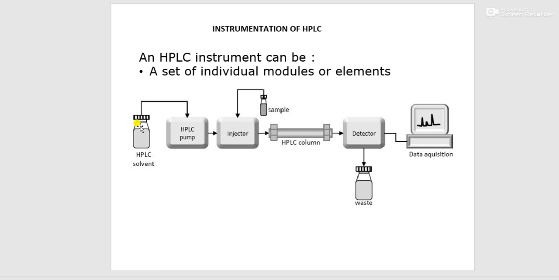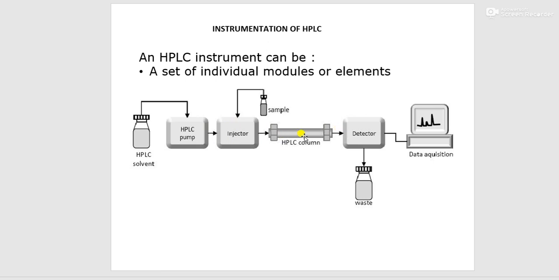To pump the mobile phase from the reservoir towards the column. Now the injection system: its role is to inject the sample. Whatever sample you want to separate has to be introduced into the chromatograph by the injection or sample introduction system.